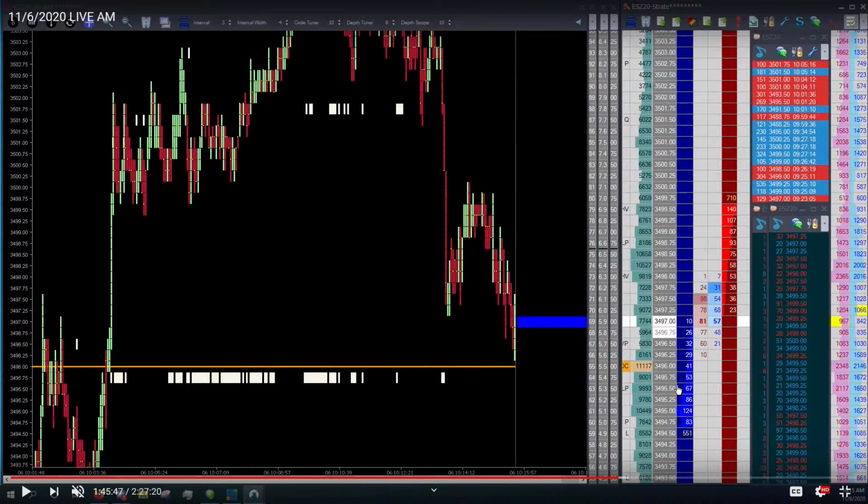It started running a block, pushed it quickly back into me. So on that specific trade, the first one I kind of bought going into selling tape.